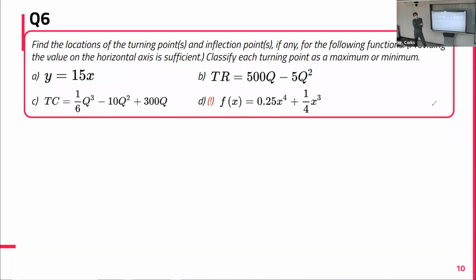Okay, that should be enough time to solve A and B. We'll look at those answers and then we'll come back and look at C and D. I'll give you some more time to work on those.